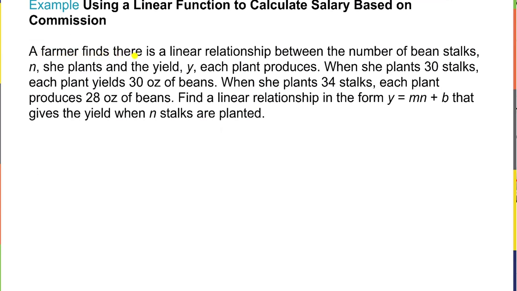a farmer finds there is a linear relationship between the number of beanstalks N she plants and the yield Y each plant produces. When she plants 30 stalks, each plant yields 30 ounces of beans. When she plants 34 stalks, each plant produces 28 ounces of beans. Find a linear relationship in the form of Y equals MN plus B that gives the yield when N stalks are planted.